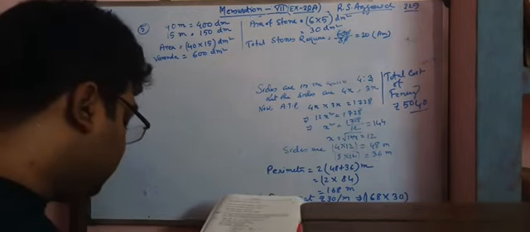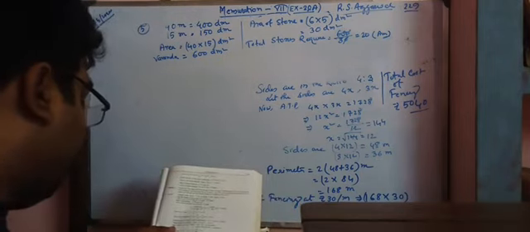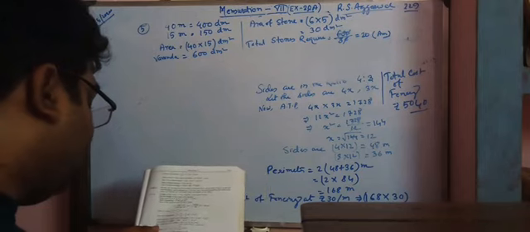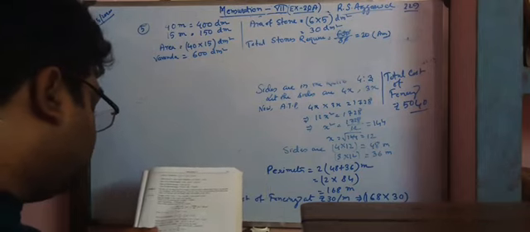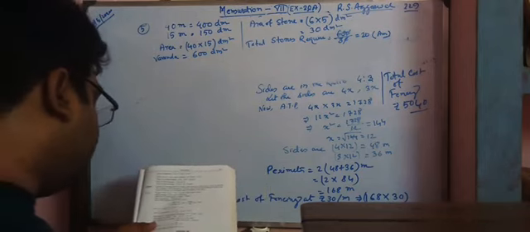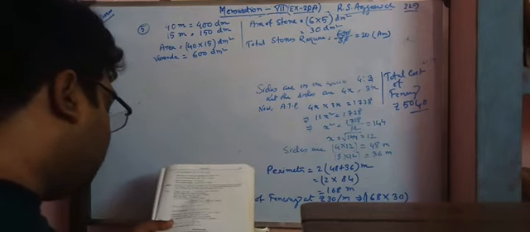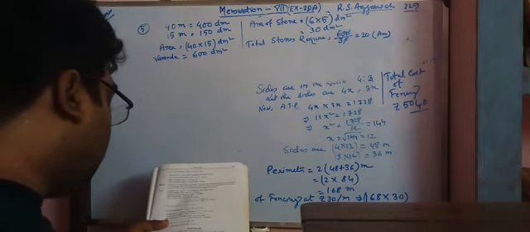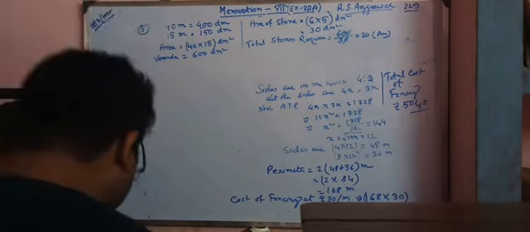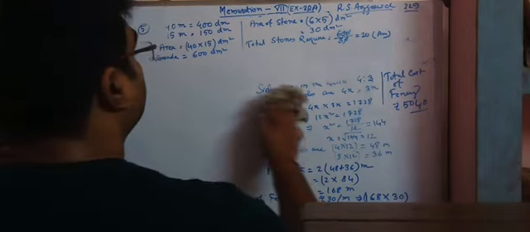We have to first find the area of this room. Then the width of the carpet is given here, 75 centimeter, but the length is not given. So the length we have to find. Now let us look at how I am solving this.